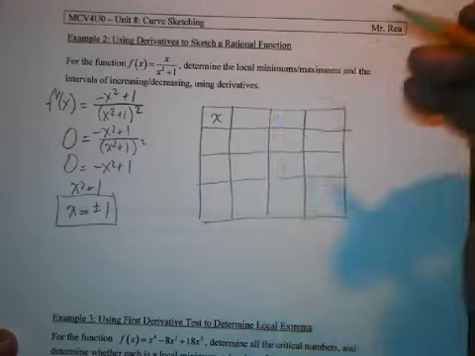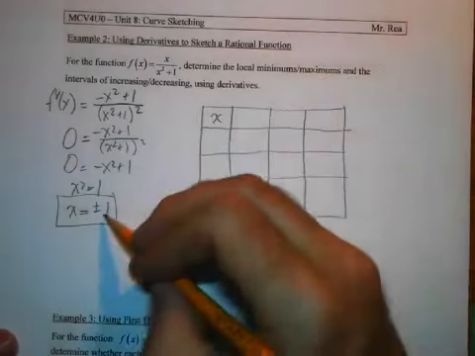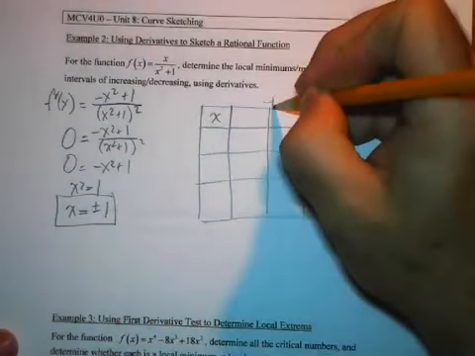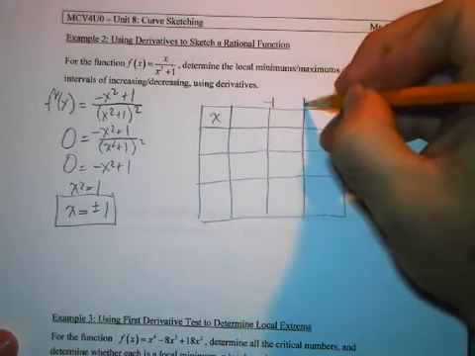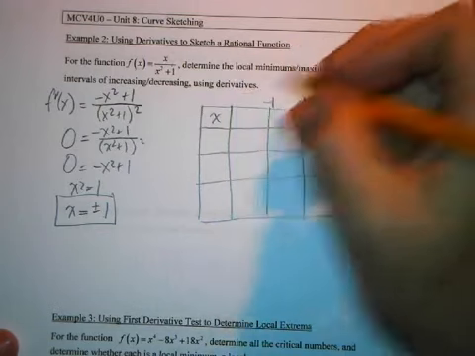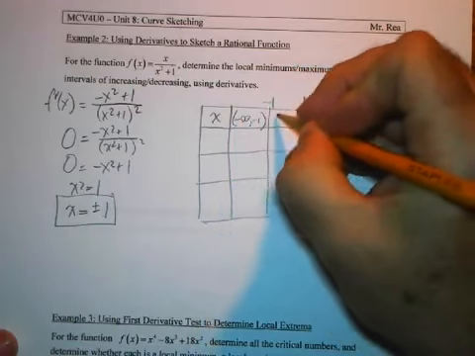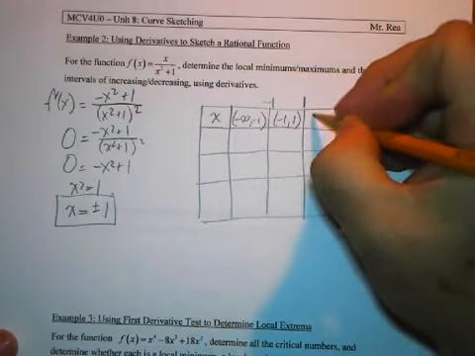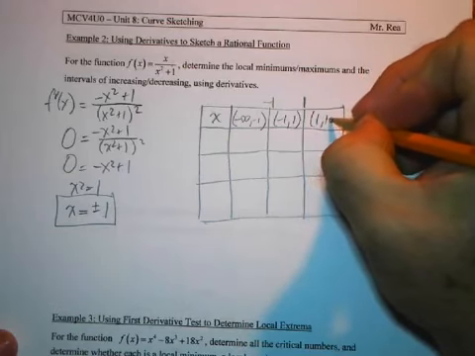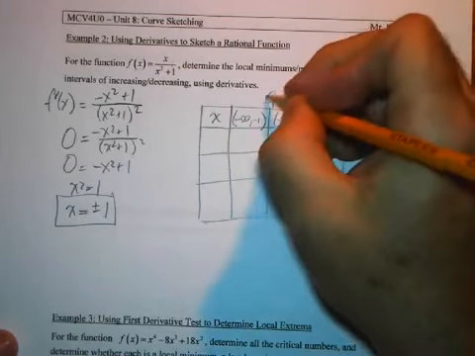Now that you know what these lines mean, I can put these values up here. That line represents -1, this is +1, and then my intervals in here: -infinity to -1, -1 to 1, 1 to +infinity. Put circles around there.